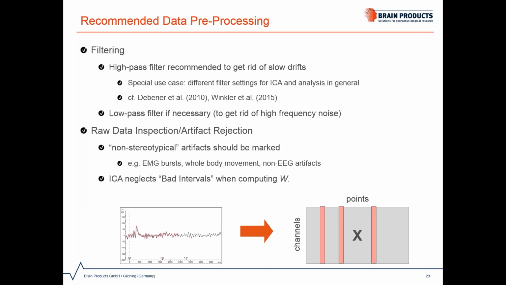Lastly, an important implication from the story just told: stereotypical artifacts that you might want to decompose, for example, eye blinks, should not be marked as bad intervals. Otherwise, they will not contribute to the unmixing matrix, which means that you will not be able to find a valid component for this artifact, and you cannot remove it properly.